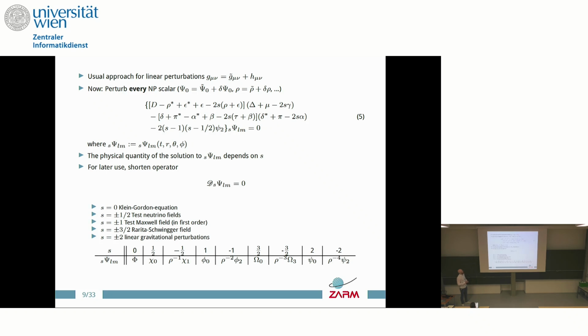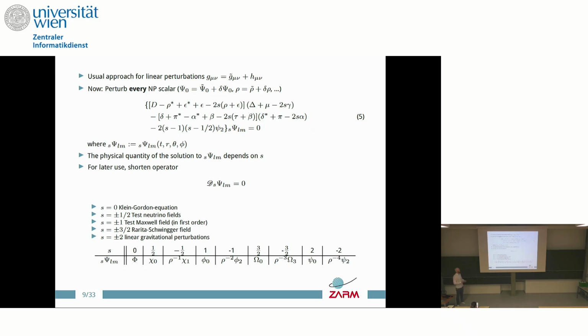And for the physicality, in the choice of a spin parameter here, this is, for example, also the advantage of using the Newman-Penrose formalism in this case, that we now have access to many test fields in order to analyze linear perturbations here. So if we choose S equals 0, we get the Klein-Gordon equation for a scalar test field.